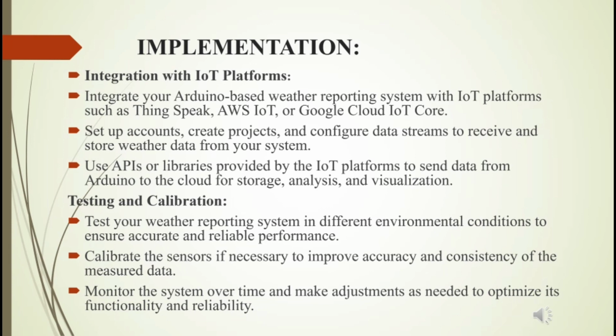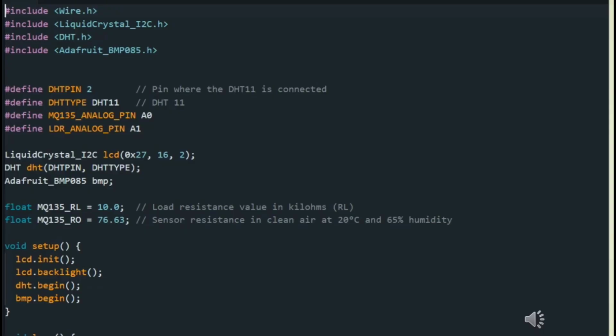So we have to set up the account, create the project and configure the data stream to receive and store the weather information for our system. It uses APIs or libraries to provide the IoT-based platform with sensor data for cloud storage, analysis, and visualization. Testing and calibration. We have to test our weather reporting system in various environments to show the accuracy of our program. And now here is the code for your reference.